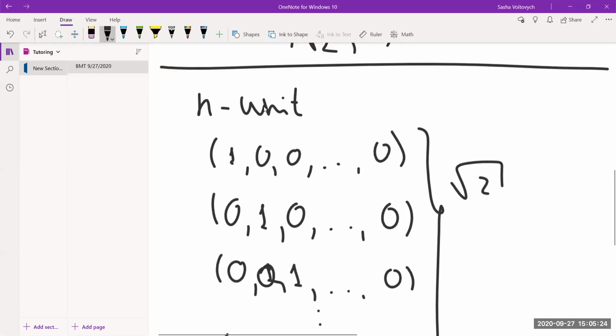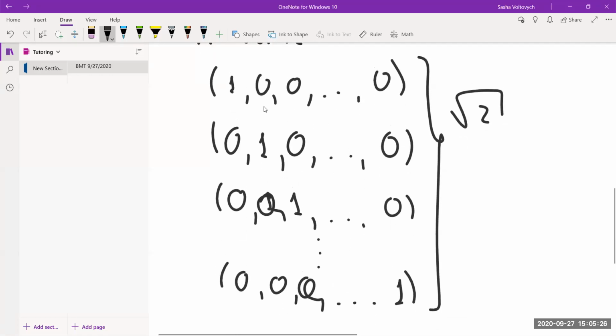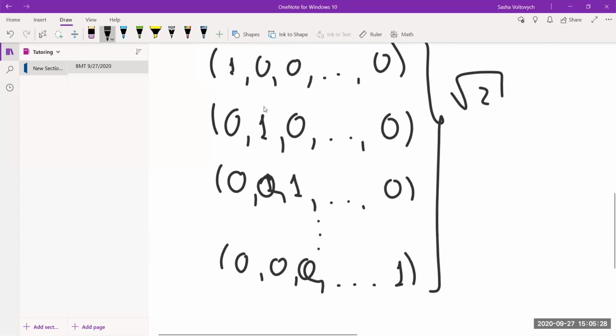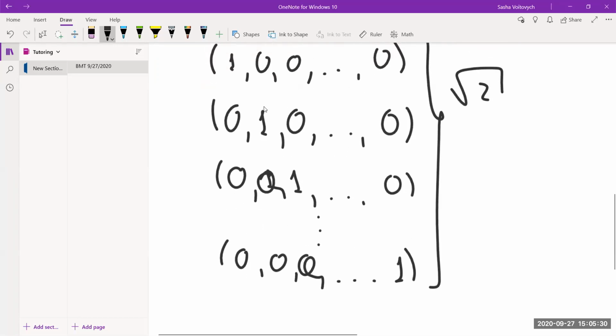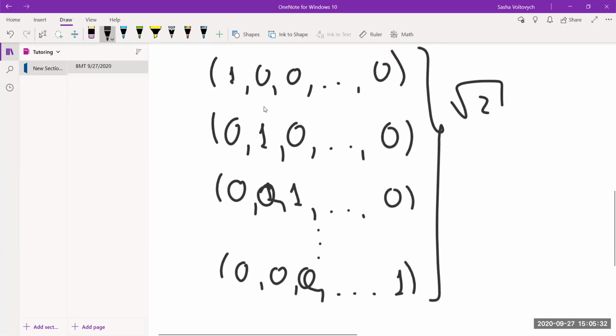Yes, so this will be an n-unit simplex scaled up by a factor of root 2. I'm just considering these vectors because it is much easier to work with something that has coordinates 1s and 0s. And so we will find a radius of a sphere such that these points are inscribed into it. And then we will divide it by root 2 because this is a scaled up version.